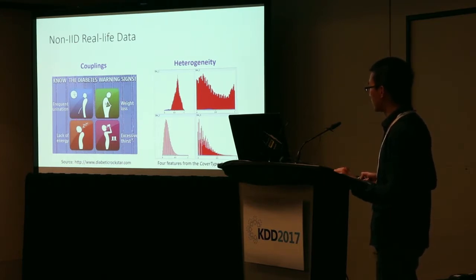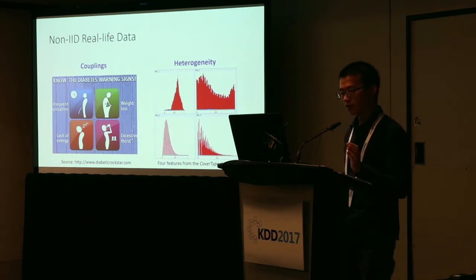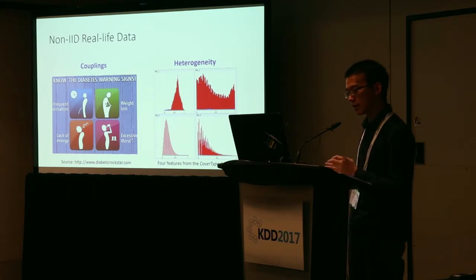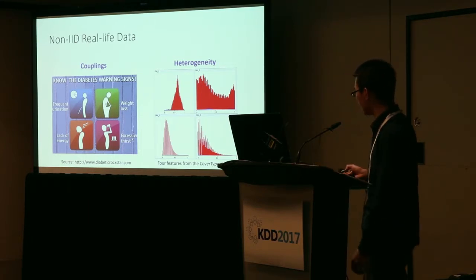Some are frequent urination or weight loss or lack of energy and thirst. So this kind of concordance indicates there are some sort of interdependencies between those signs.